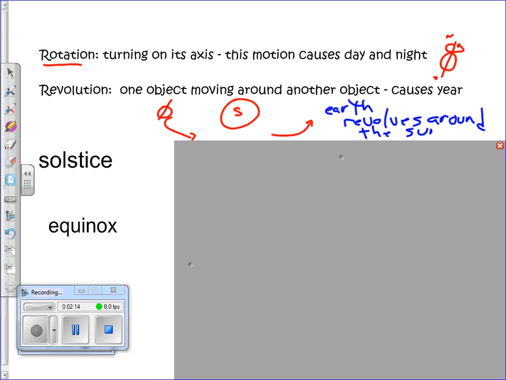And as you know, the Earth revolving around the sun, it is 1 year from here all the way around to come back to the same spot.